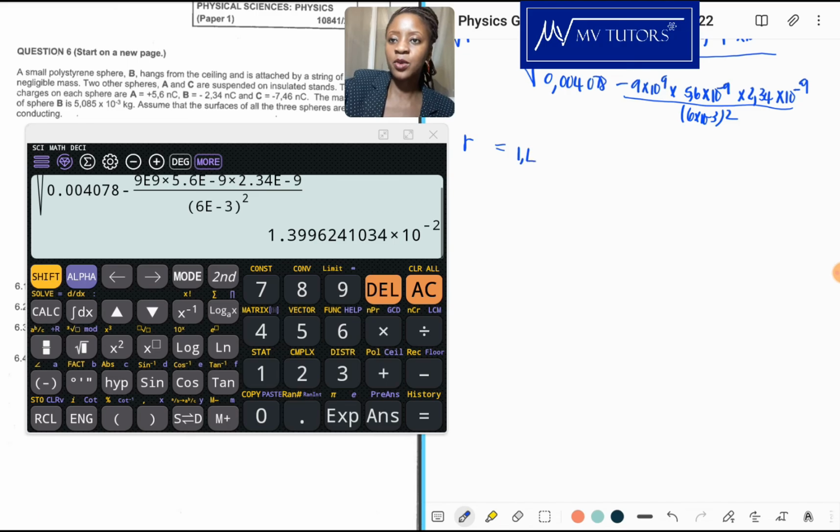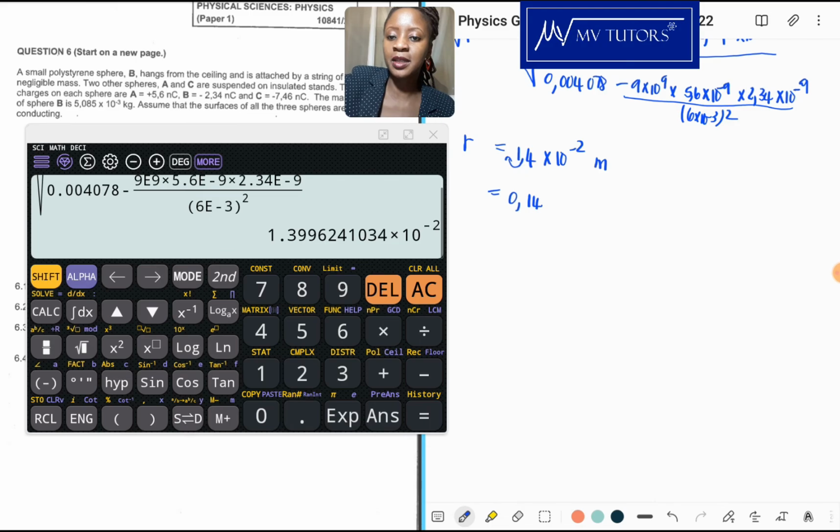1,399. I'm just going to say 1,4 times 10 to the negative 2 meters. If you take this to that side, okay, so it's going to be 0,14.